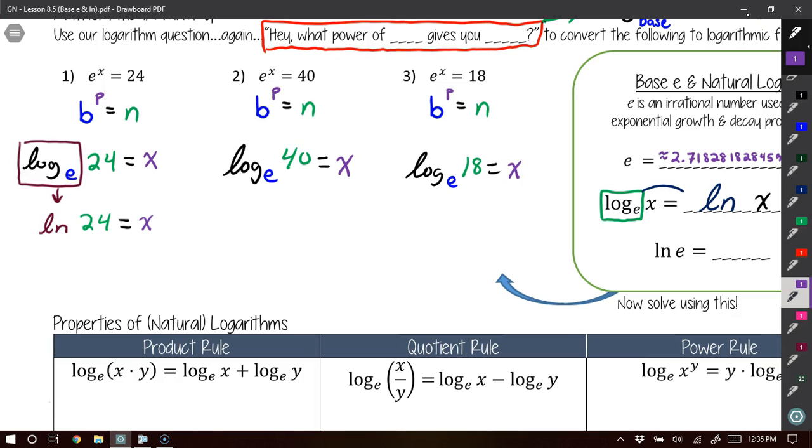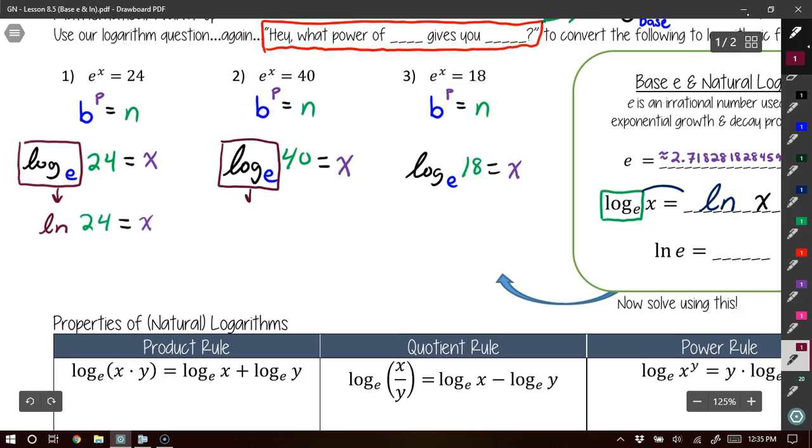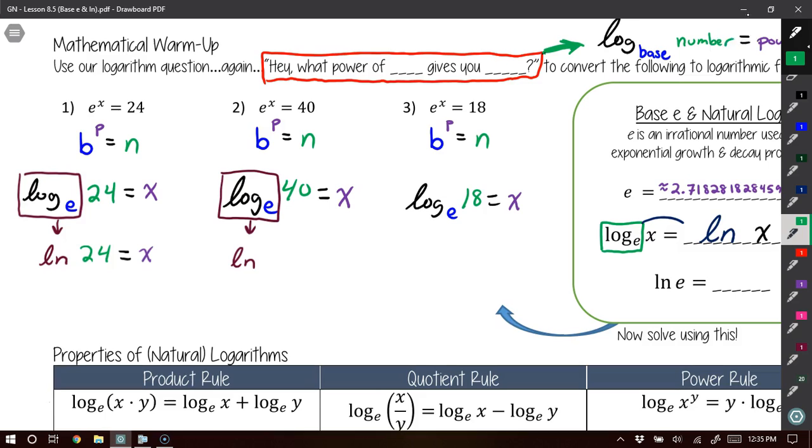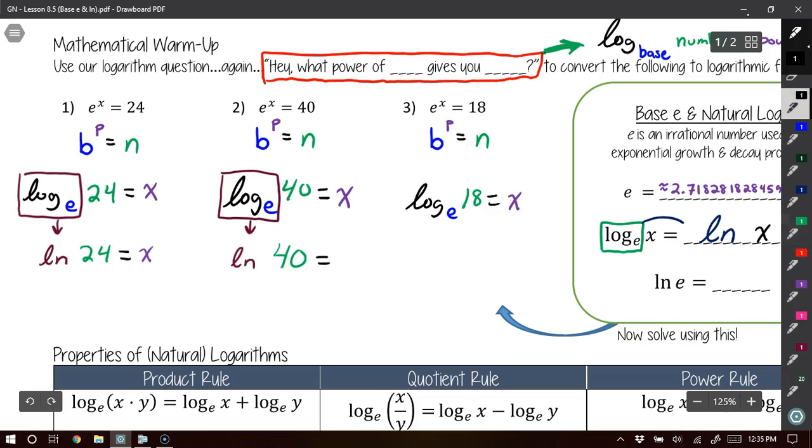Shorthand. That's it. I didn't do any mathematical concepts, didn't do anything special. When I see log base e, I replace it with 2 letters. So log base e of 40 equals x is really natural log, ln of 40 equals x. No math, just shorthand. I see log base e.